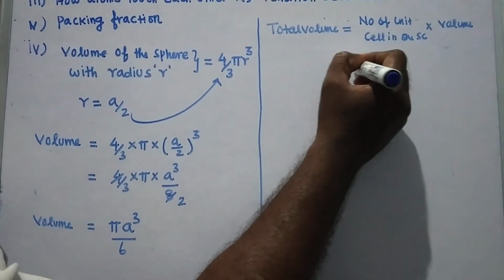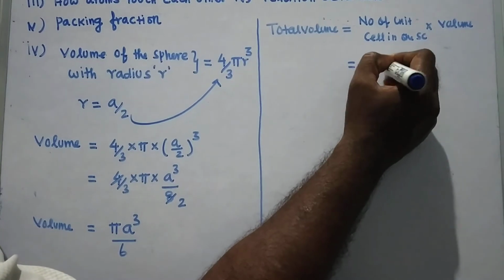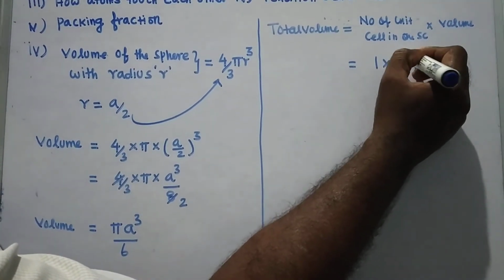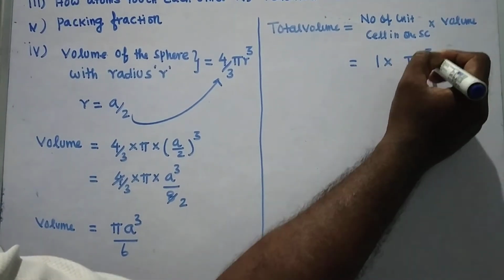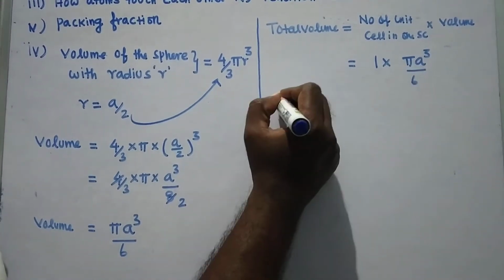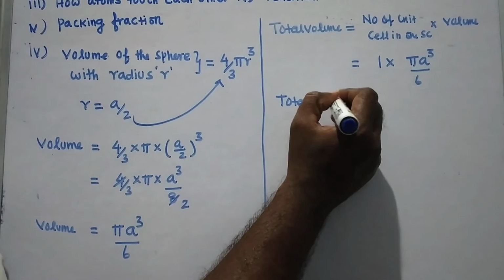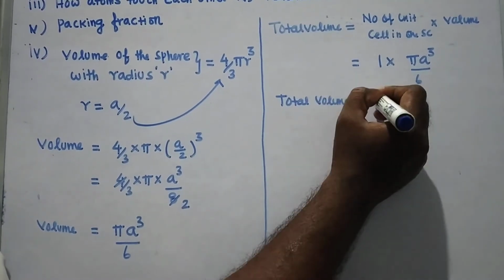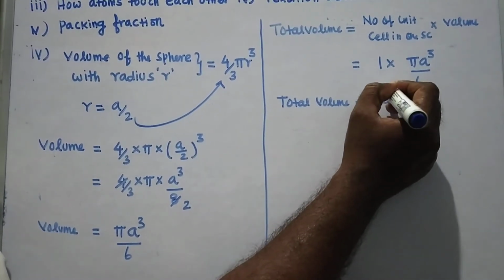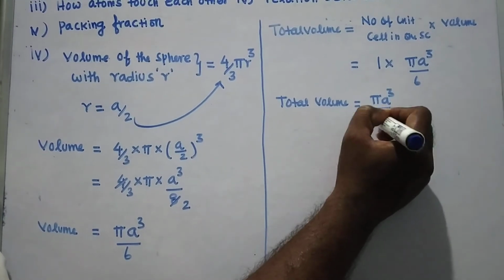It's well known that number of unit cell is equal to 1, then volume is equal to pi A cube by 6. Therefore total volume is equal to pi A cube by 6.